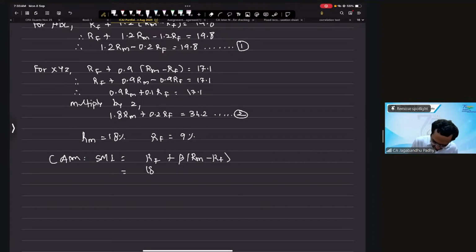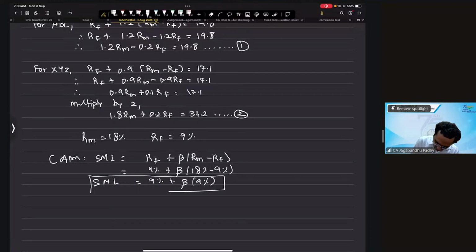So RF is 9% plus beta into (18% minus 9%). So that's 9% plus beta into 9%. That's your securities market line, or the CAPM line.